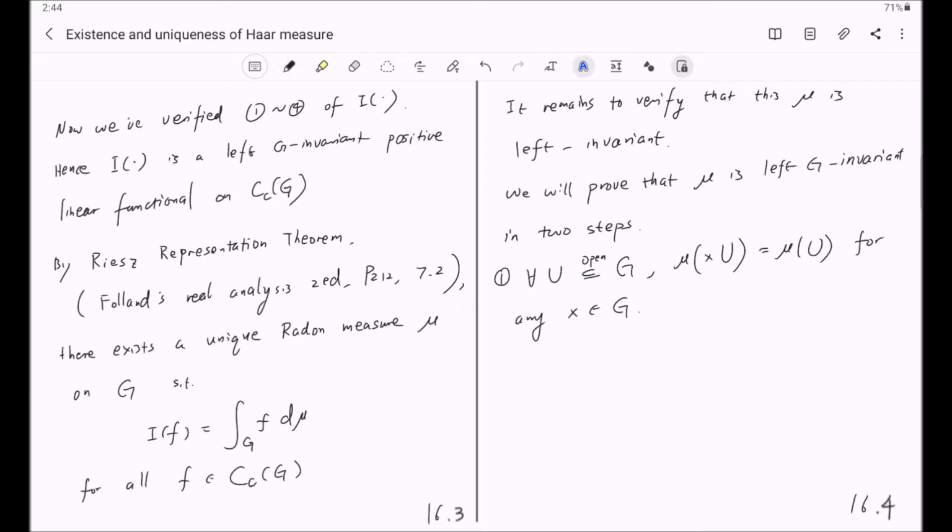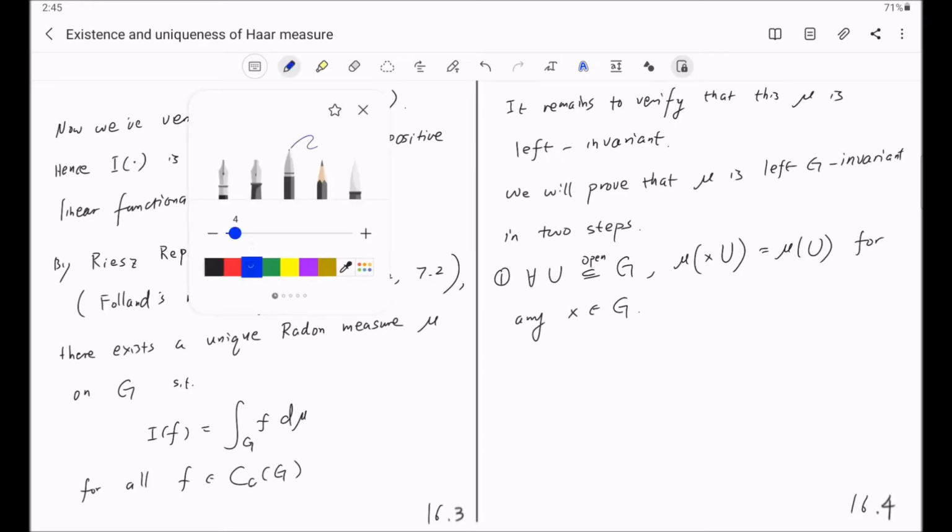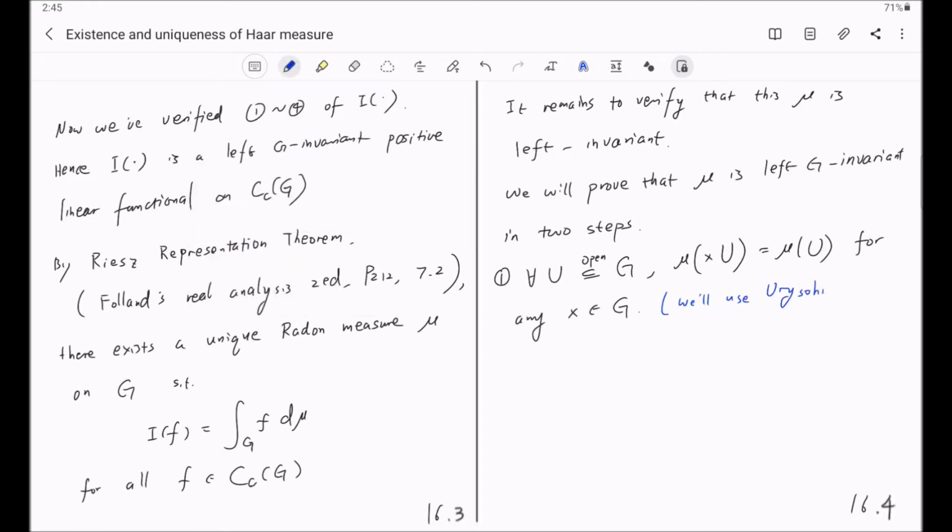To prove this, we're going to use Urysohn's lemma together with the monotone convergence theorem. And I want you guys to watch this part carefully, because this should appear again in the proof of uniqueness for Haar measure later.